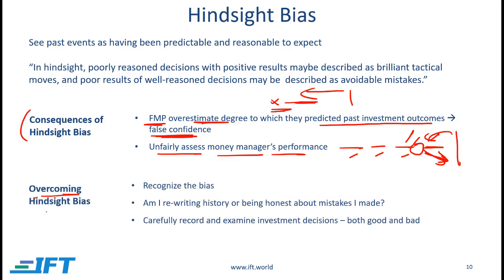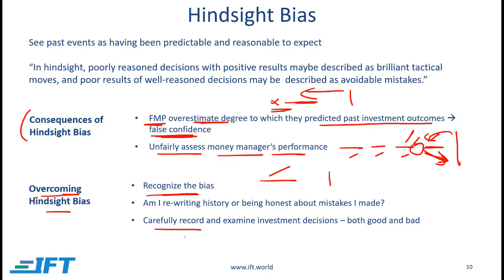How do we overcome this bias? The first thing to do is to recognize that this bias might exist. We should also be honest about what has happened in the past. So we should be honest about what we've done, the mistakes that we've made. So we should ask ourselves whether we are changing history, whether we are rewriting what happened in the past, or we are honestly assessing what happened in the past.